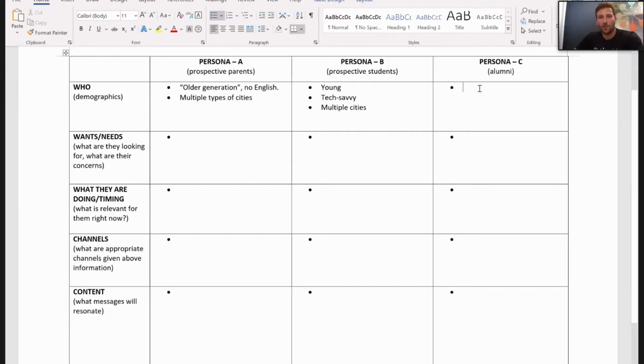And then we get to persona C, the alumni. Now, obviously, these guys are young to mid-aged. We're talking young professionals here in their mid-20s to mid-30s, fresh off a great experience at your institution.